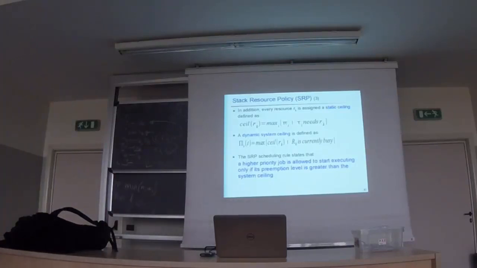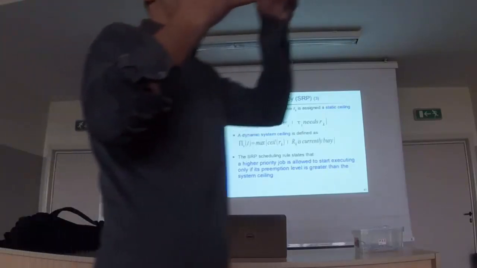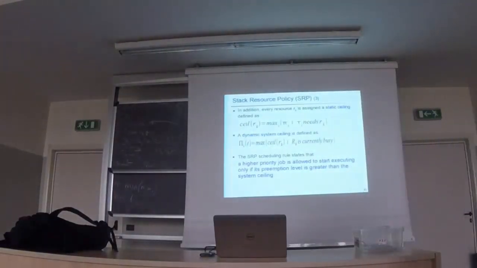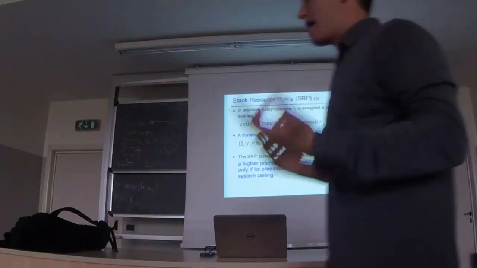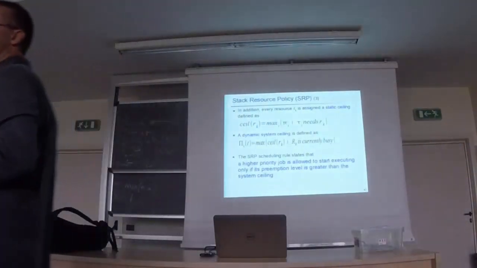Modulo preemption level instead of priority, this is the same ceiling as in the priority ceiling protocol. If I have 5 resources, each one has a ceiling, given by the highest preemption level of all tasks that may potentially access that shared resource.